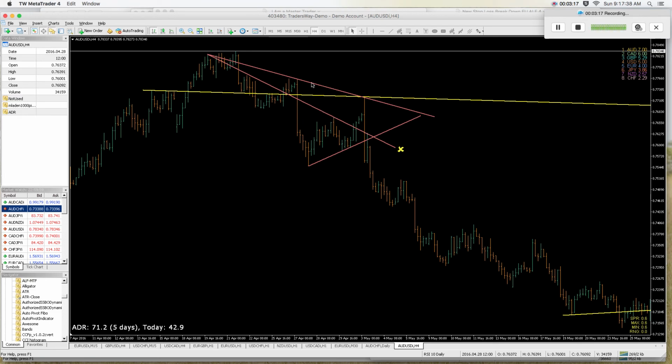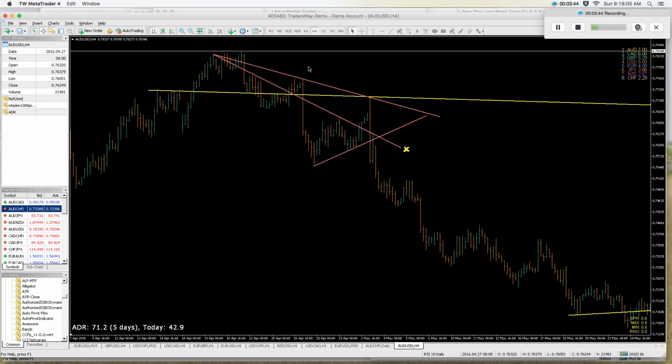Otherwise, right in here, I could get into a trade going the opposite direction because by the third candle, or maybe the fourth, we're clear of this trend line, and that would give me a signal, to my understanding, to continue long on this.